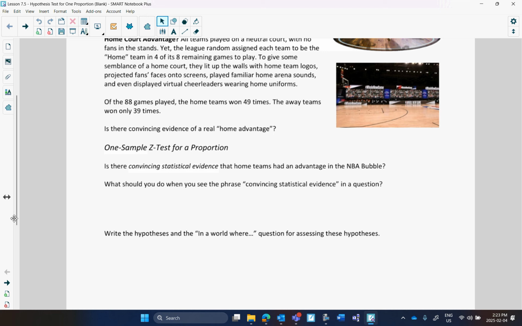So what should you do when you see the phrase convincing statistical evidence? We talked about this yesterday. It means you should perform a hypothesis or significance test.